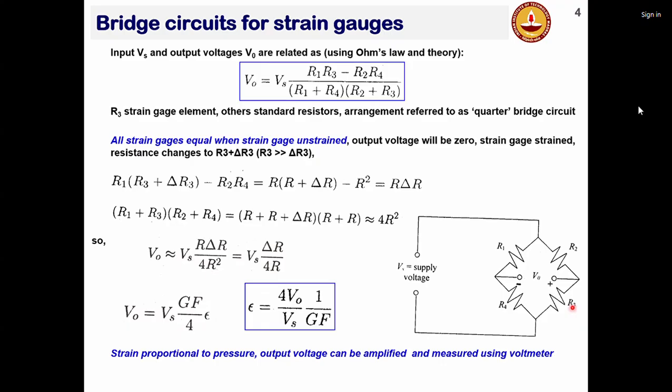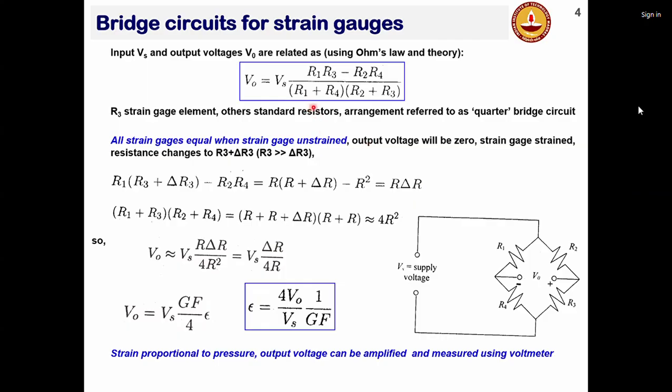Now when the strain gauge is strained, it becomes R into R plus delta R3 minus R2 R4. If all the resistances are equal, you can write R into R plus delta R minus R square, which will be equal to R into delta R, because R square and R square get cancelled.